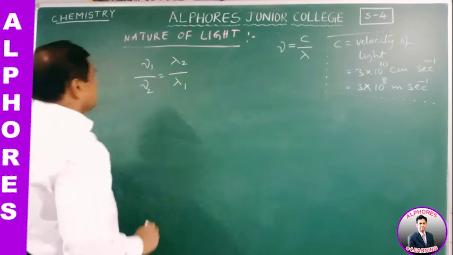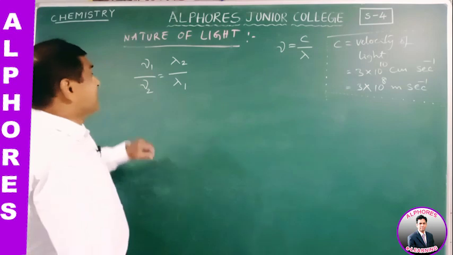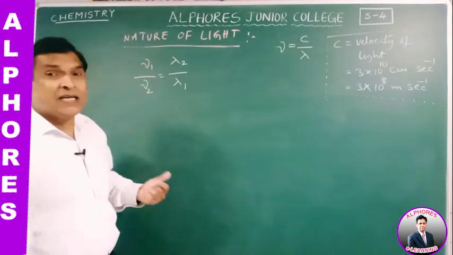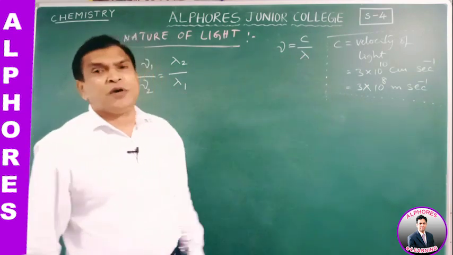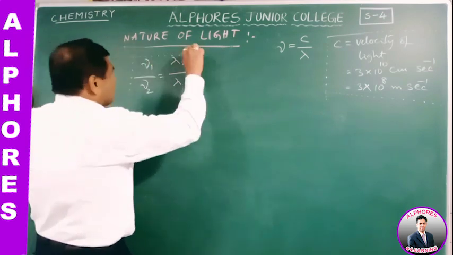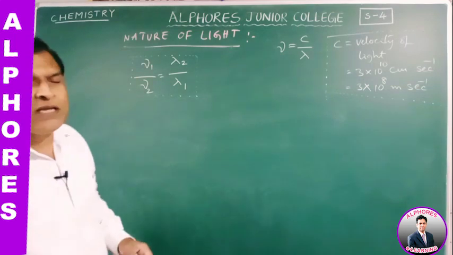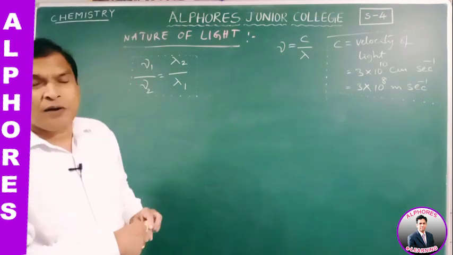The wavelengths of two electromagnetic lights and their frequencies are related because frequency is inversely related with wavelength. These formulas are important from the objective point of view for EAMCET as well as for main examinations. That is the content for frequency.